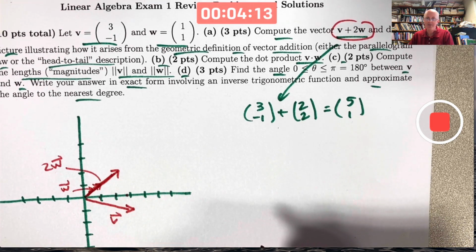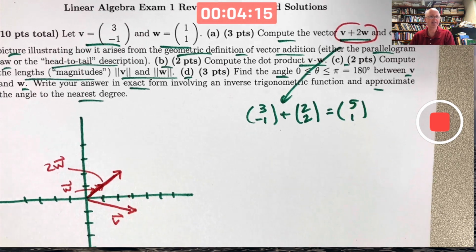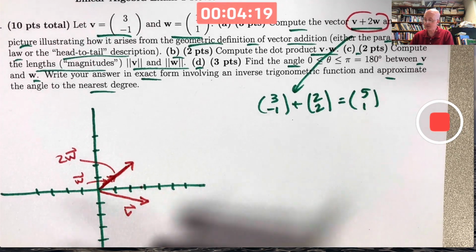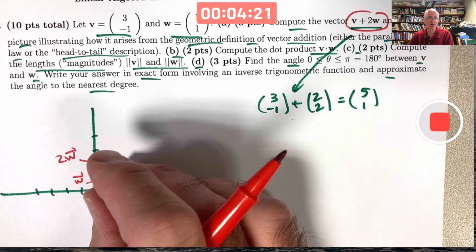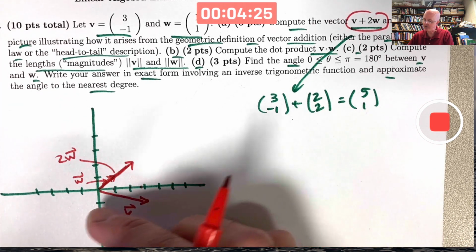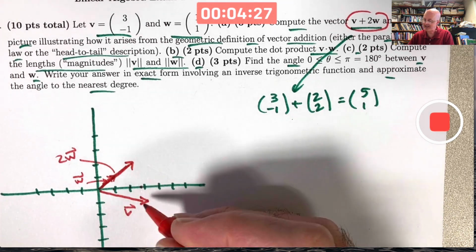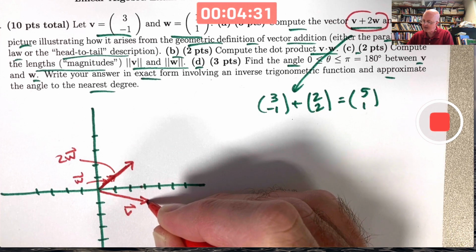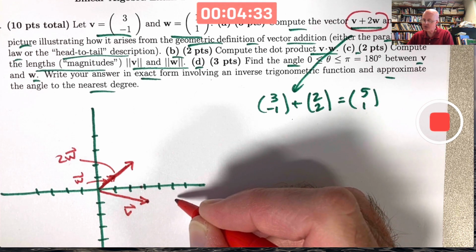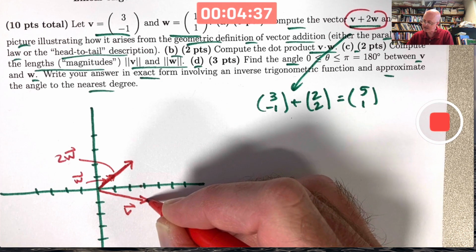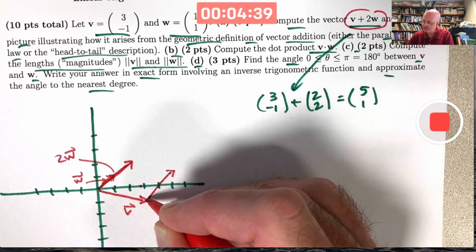Okay? Let's do the head-to-tail description of vector addition first. The head-to-tail description is this. Take this vector 2w and translate it over so that its tail, the starting point of the vector, is at the head, the ending point of v, starting right here. It's got horizontal displacement 2, vertical displacement 2. If I draw that vector starting here, it's going to end right about there.